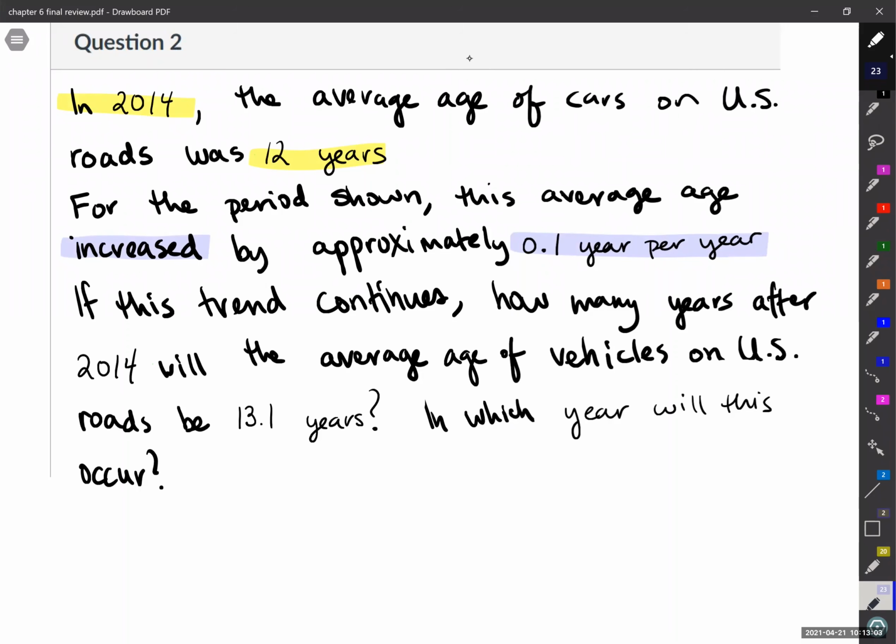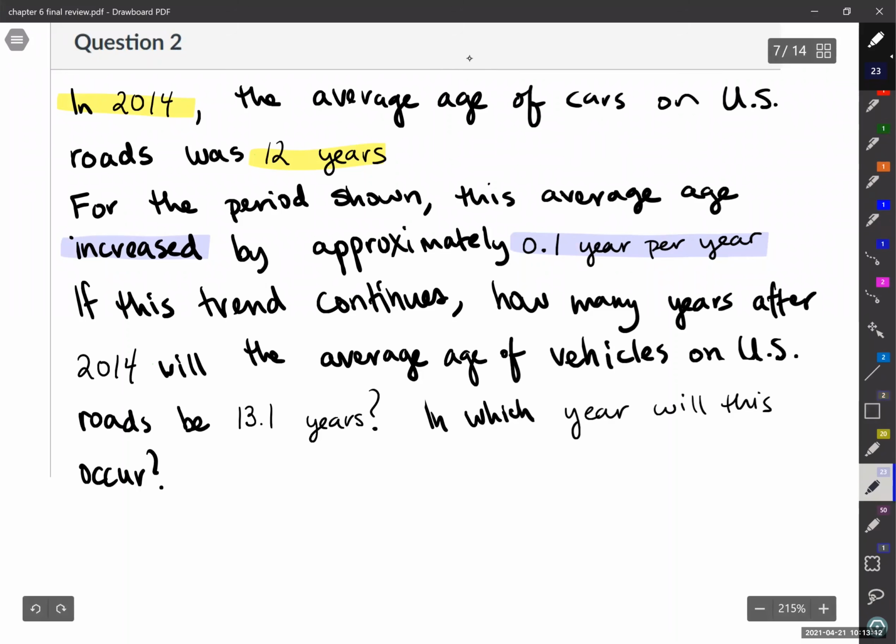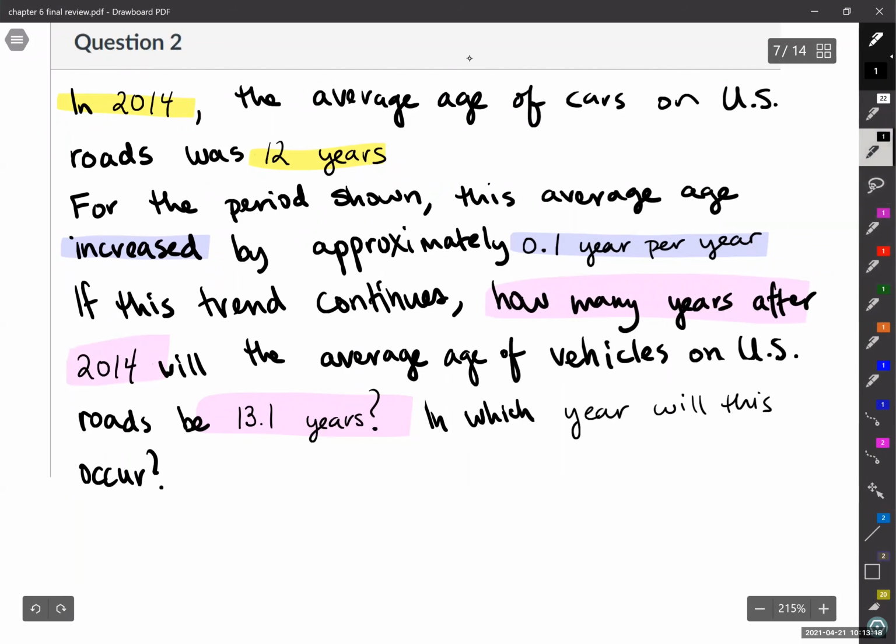If this trend continues, how many years after 2014 will the average age be 13.1? So we could set up an idea, let's say T is our time since 2014, because that seems to be how they're describing things.